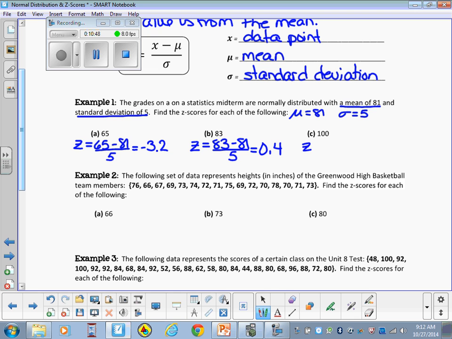Last person here. Perfect score minus the class average divided by the standard deviation. And we have a z-score of 3.8. This is the person I want to be. I want to have a z-score well above the class because I want to be outperforming everyone else.